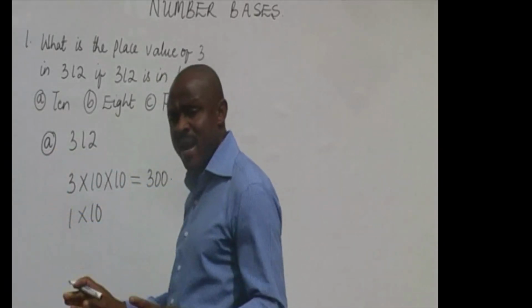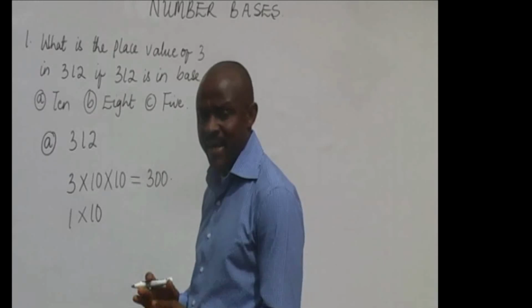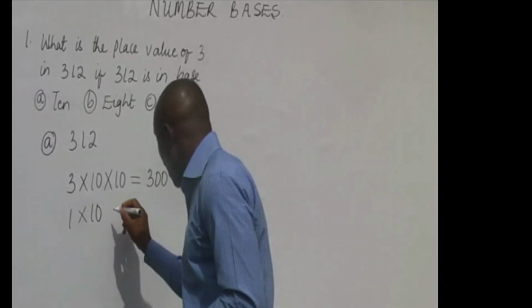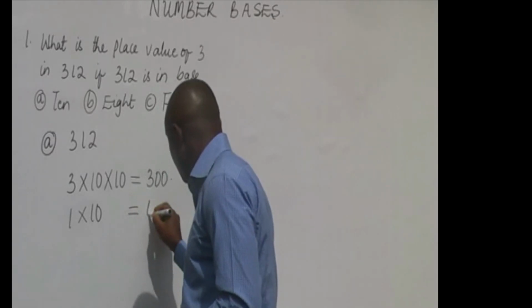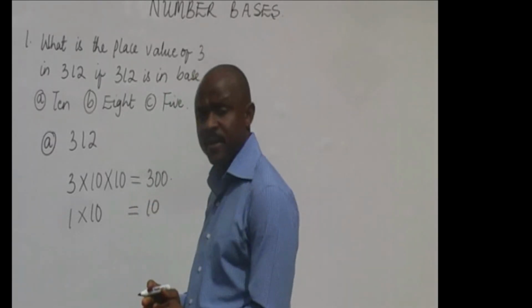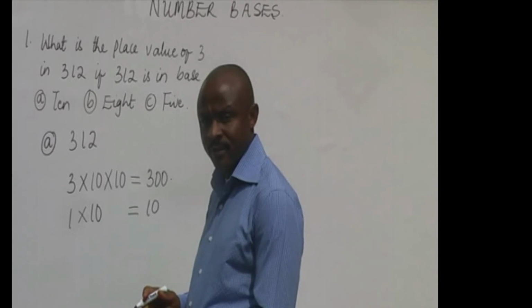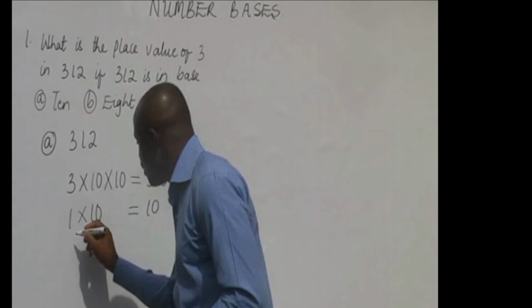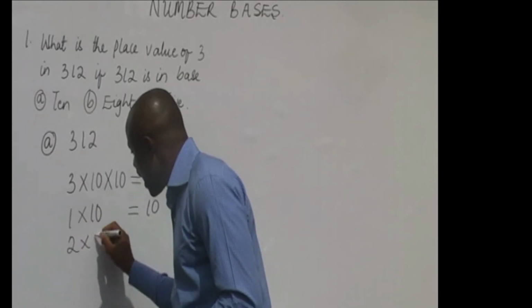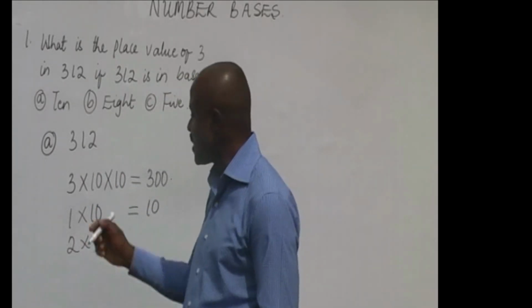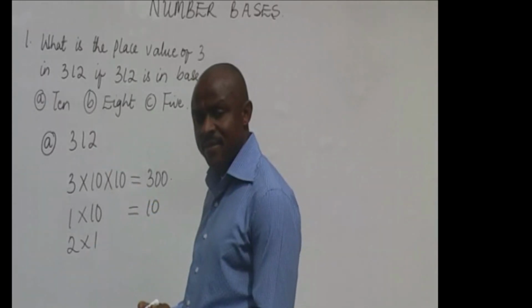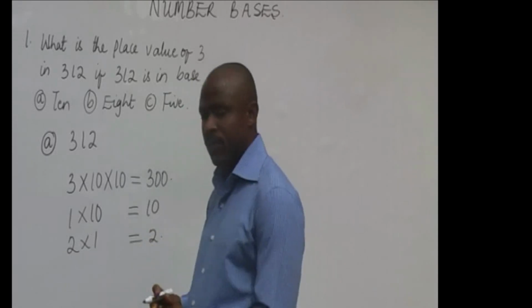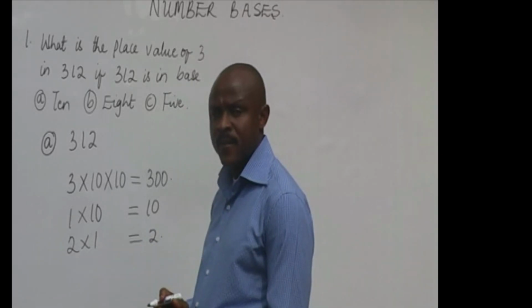The 1 by the left hand side is not a party in finding the place value. So it could have been 10. Had it been the same 2, it could have been 2 times 1, because there is nothing left after 2. So it could have been 2. It is in that order.